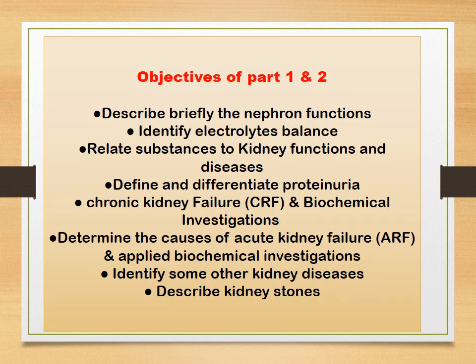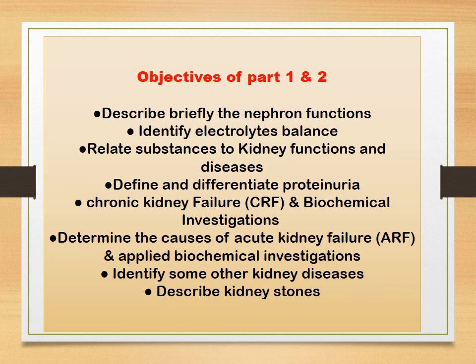The objectives of the lecture: I will talk about the nephron functions and the regulation of electrolyte balance. Also, I will talk about substances related to kidney functions and diseases.